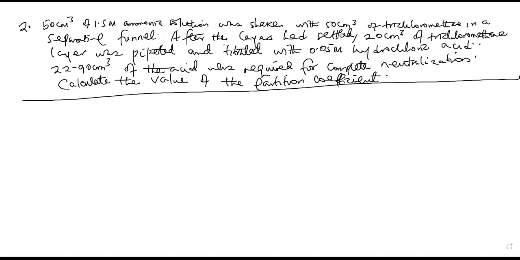After the layers had settled, 20 cubic centimeters of trichloromethane layer was pipetted and titrated with 0.05 molar hydrochloric acid, saying that this volume of the acid was required for complete neutralization. Calculate the value of the partition coefficient, or the distribution coefficient.